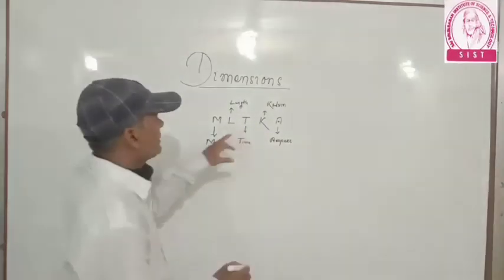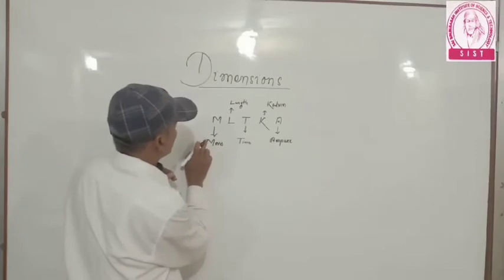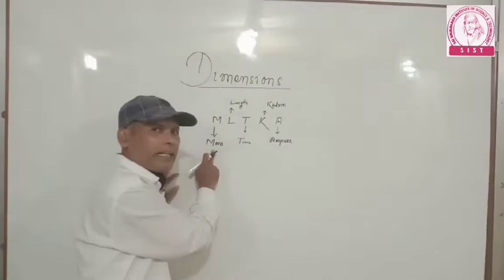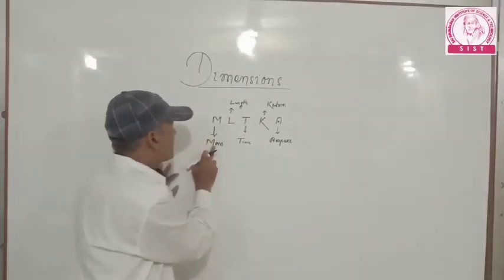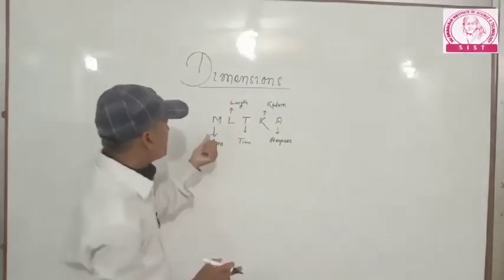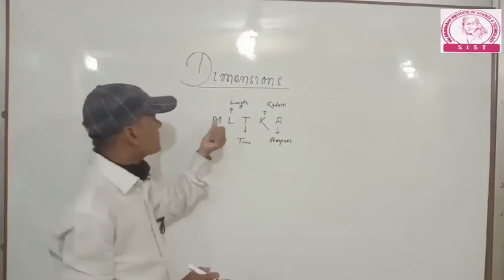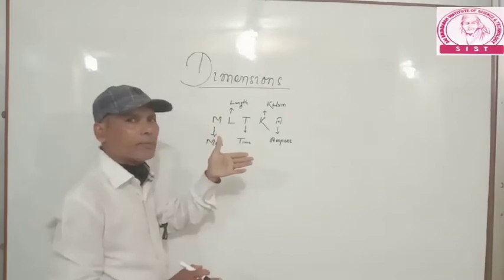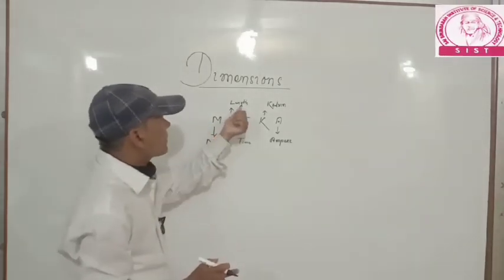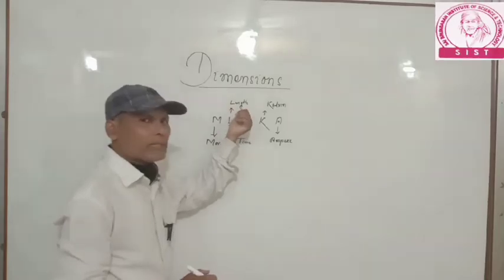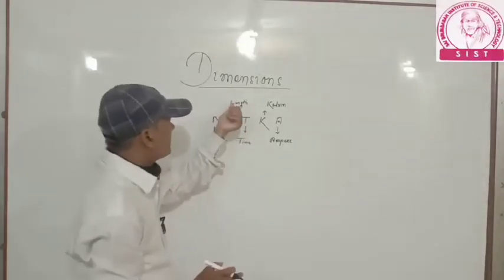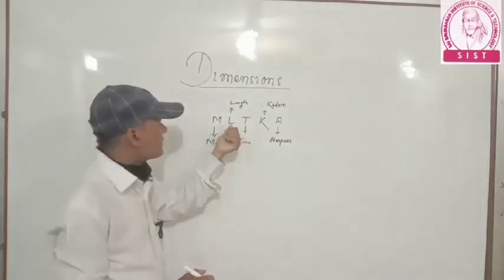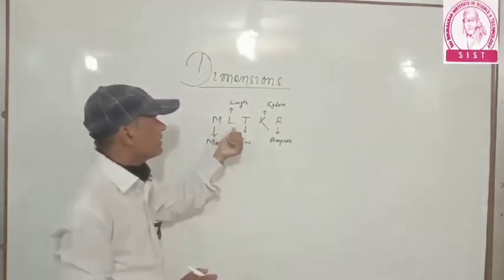You just see here it is mass. Mass is a fundamental quantity. It is a physical quantity. Its first letter is M. So to find dimensions we use M as a letter. L stands for length. Length is a physical quantity. The first letter of length is L. So L is also used to represent the dimensional formula of any physical quantity.